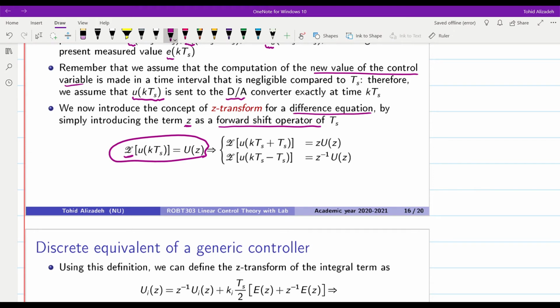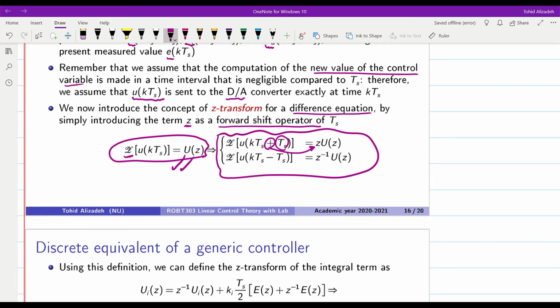Indeed, it's not equal, but if we define u of z in this way, we will have these results. So the z-transform of u at the time k ts plus ts will be equal to z times u of z.